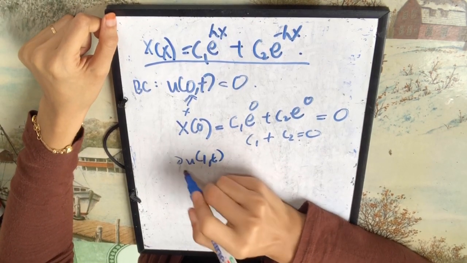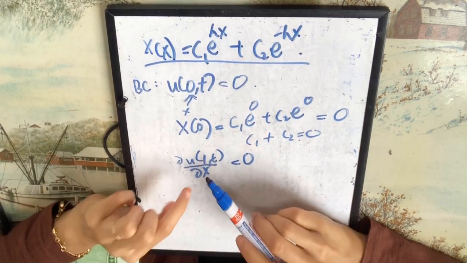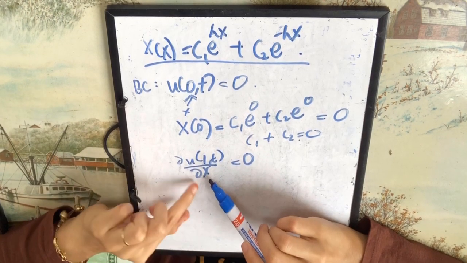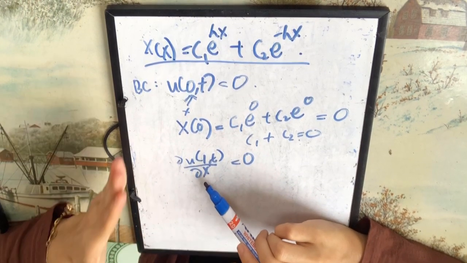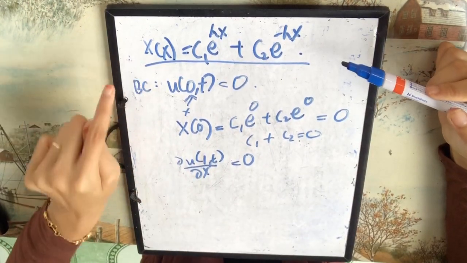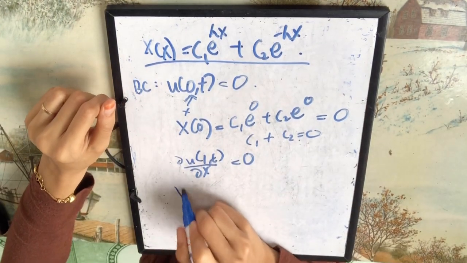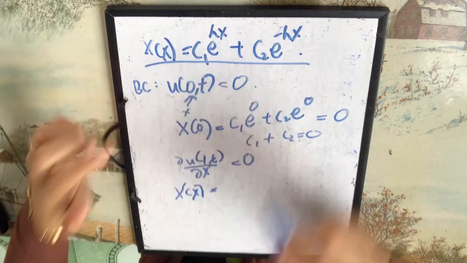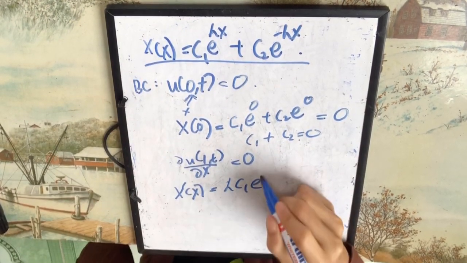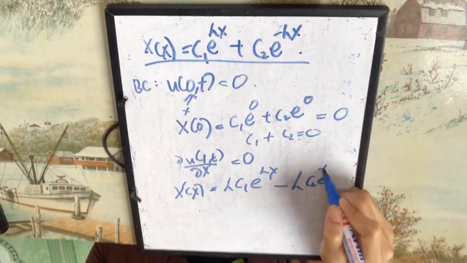The second boundary condition says that x prime at 1 equal to 0. So x prime, then you substitute x. What you need to do is differentiate your original equation first. So you have lambda C1 e lambda x minus lambda C2 e negative lambda x.